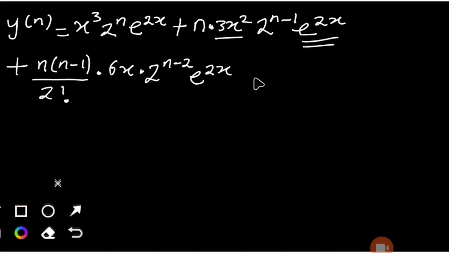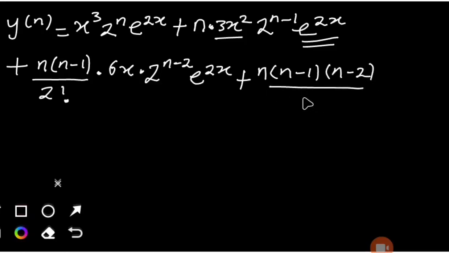So I think this is the last stage. This definitely will be the last stage. The coefficient will be n into n minus 1, then n minus 2. Now, don't forget to divide by 3 factorial. Finally we can find the last derivative of x cubed: if we differentiate 6x, we have 6.